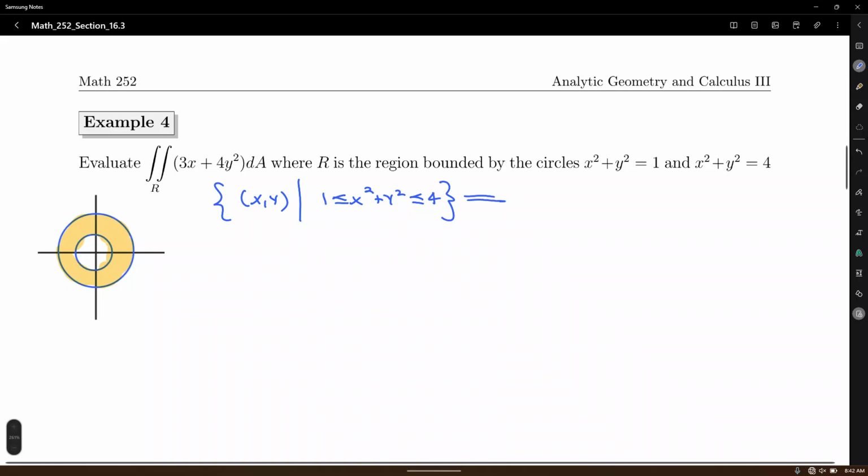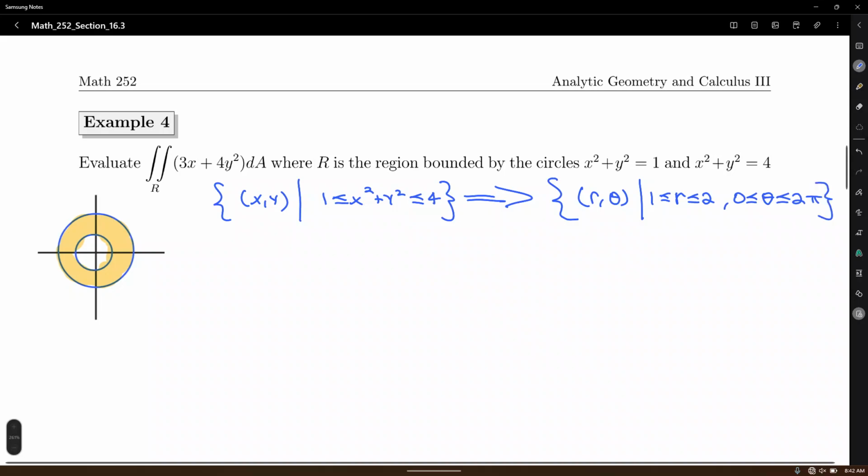Let's change this to the world of polar. So we're going to go from xy to polar, that is (r, theta), such that the radius r varies between 1 and 2, and the angle theta varies between 0 and 2 pi. All right?